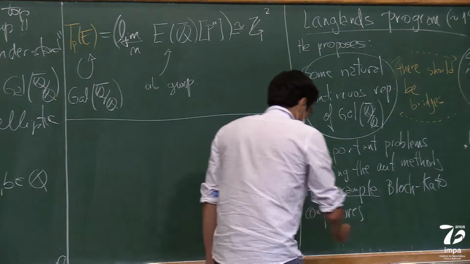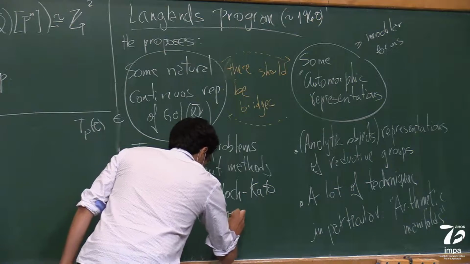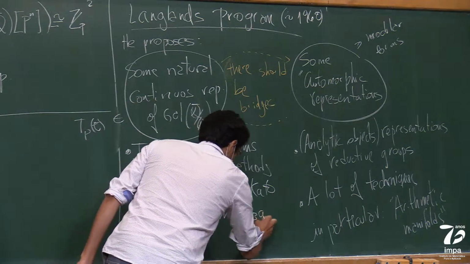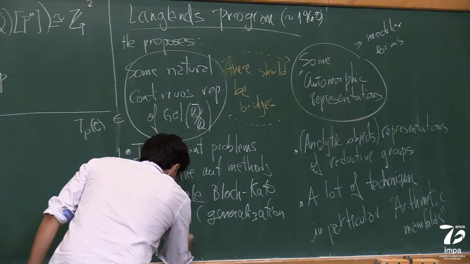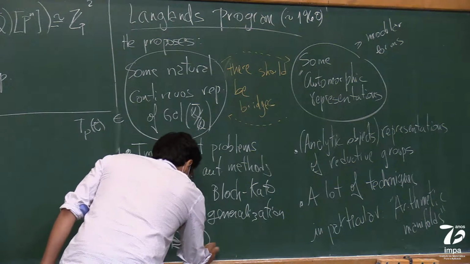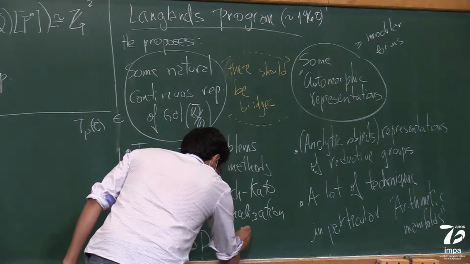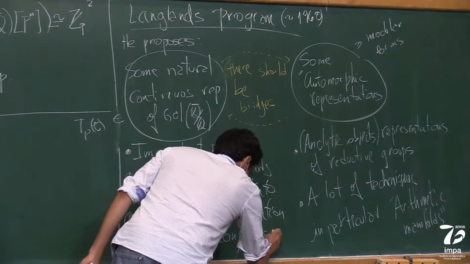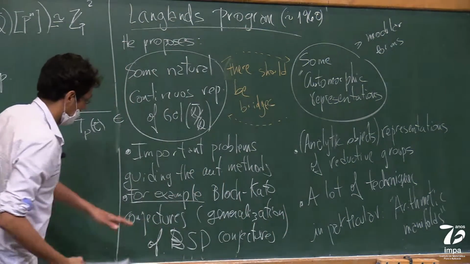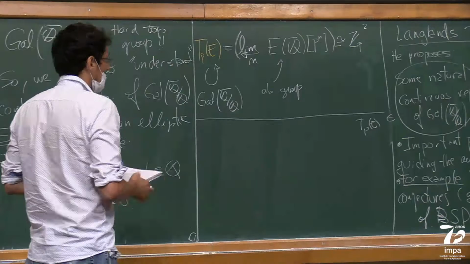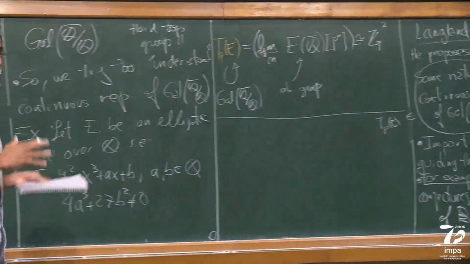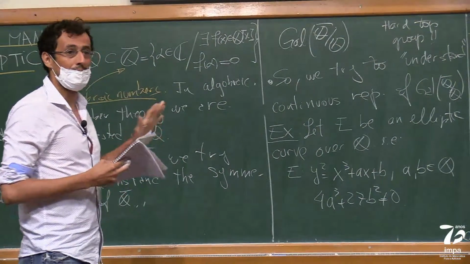And this is a generalization of the Birch-Swinnerton-Dyer conjectures. So this is the flavor of these Bloch-Kato conjectures that relate L-values with the arithmetic of the Galois representation. Okay, so that is more or less the context in which we are placed.